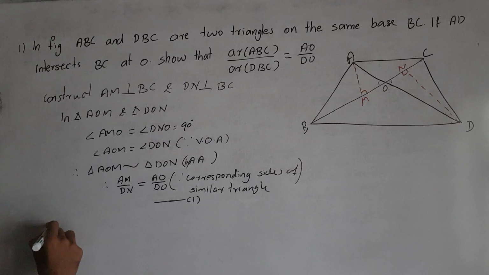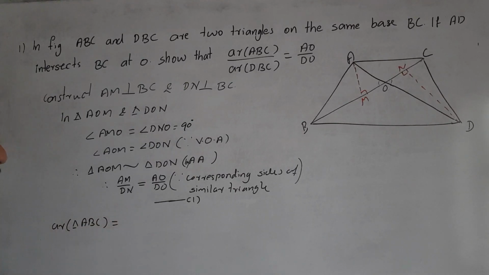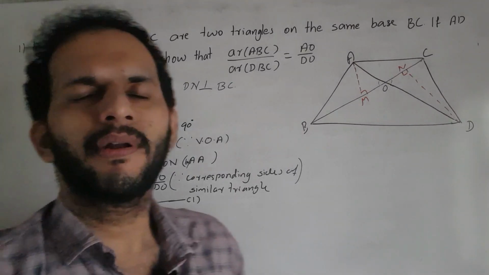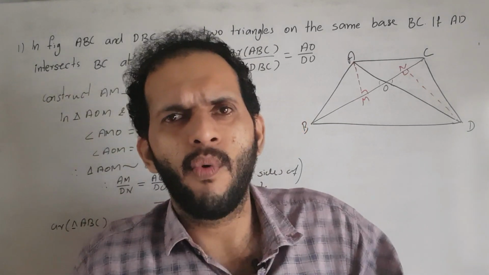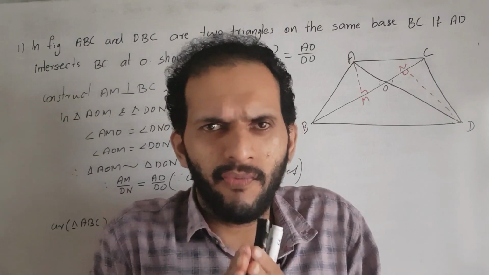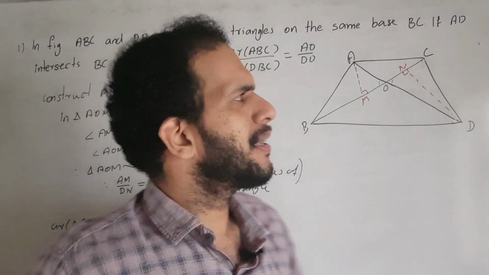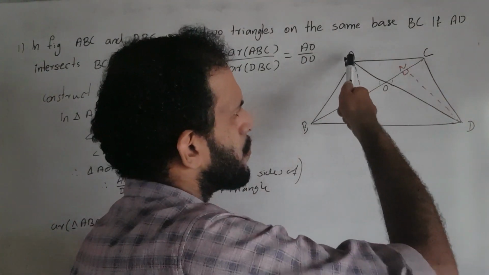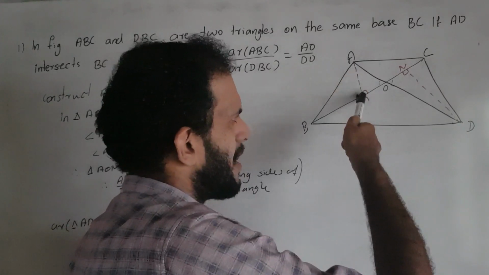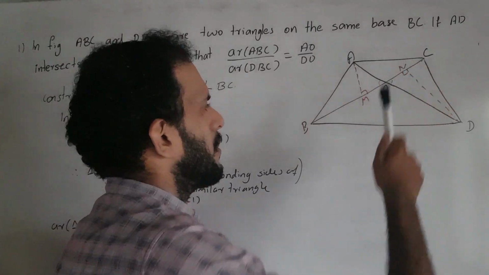We know how to find the area of a triangle: half into B into H. In the case of triangle ABC, what is the height? The corresponding height of triangle ABC is AM. According to the height AM, what is the base? The base is BC. Correct.